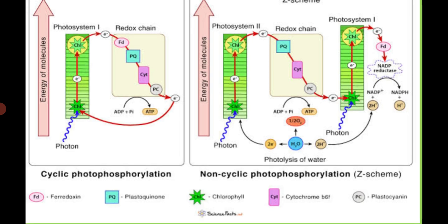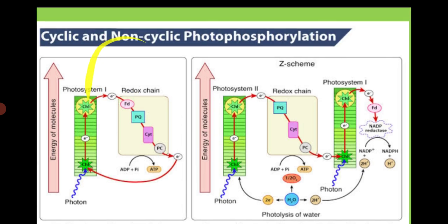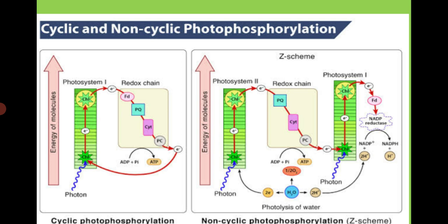The non-cyclic photophosphorylation is termed the Z scheme. In cyclic photophosphorylation, the electron from a chlorophyll pigment on absorbing a photon gets reverted back to chlorophyll. So it is termed cyclic. But in non-cyclic, the electron does not turn back to chlorophyll. It is accepted by NADP.